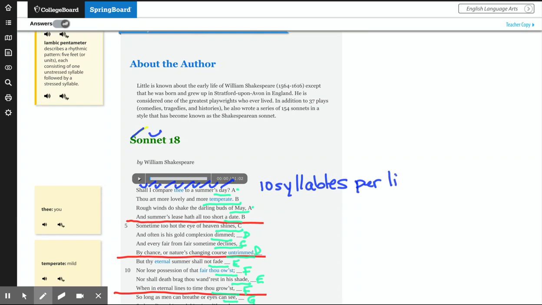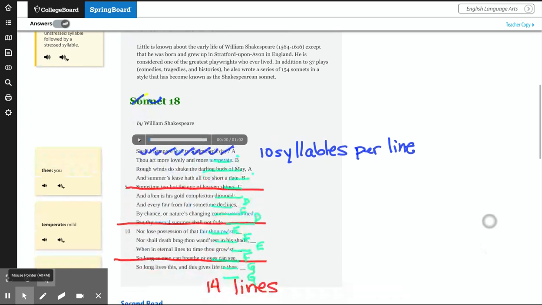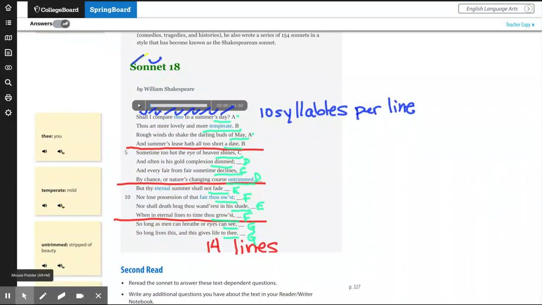And I guarantee you that were I to continue down through the entire poem, it would have 10 syllables in every line. So the Shakespearean sonnet is very mathematical. Shakespeare was very specific about the structure and the rhythm, and it governs the meaning of the poem, which we will break down in just a moment.